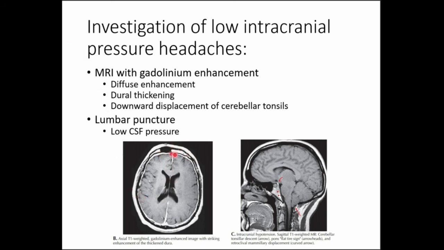So you can see that there is thickening of the dura, so abnormally thick dura. And in this image, there's something known as the flat tire sign, which occurs due to descent of the cerebellar tonsils.